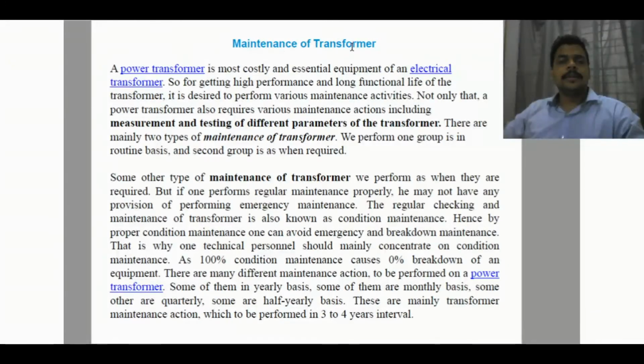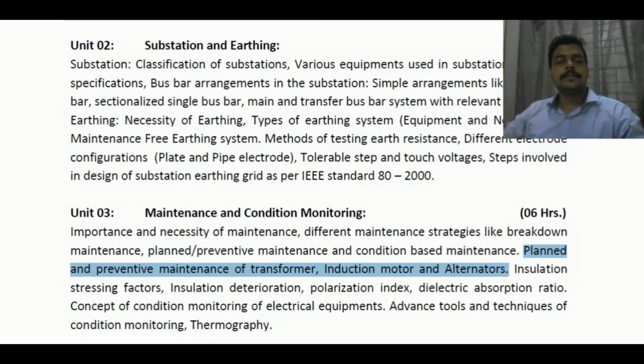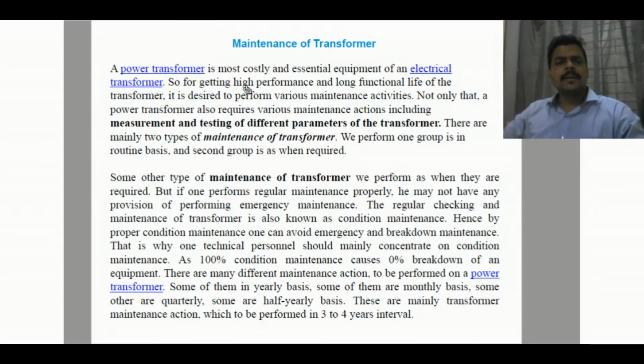That is called the maintenance of a transformer. We are interested in planned and preventive maintenance of a transformer. A power transformer is the most costly and essential equipment of the electrical system. Transformers are typically divided into two categories: one is the distribution transformer and the other is the power transformer.